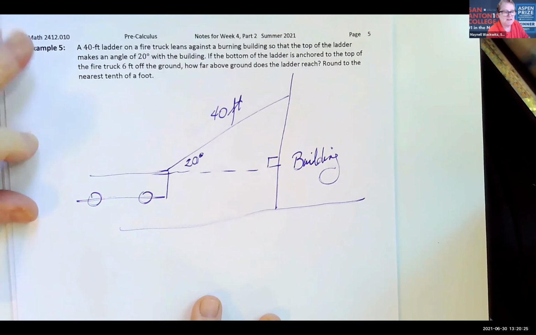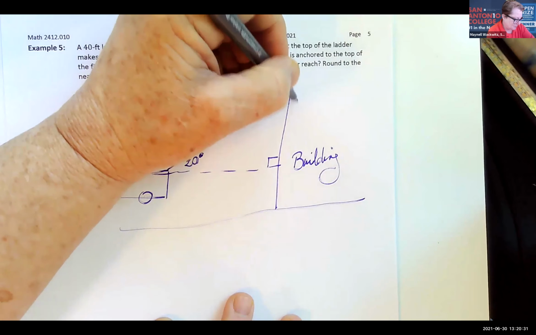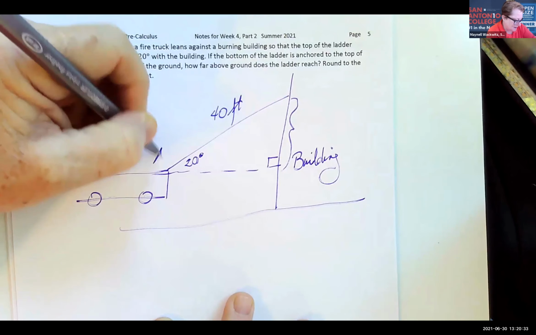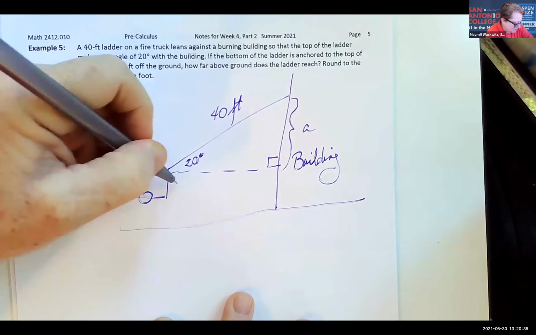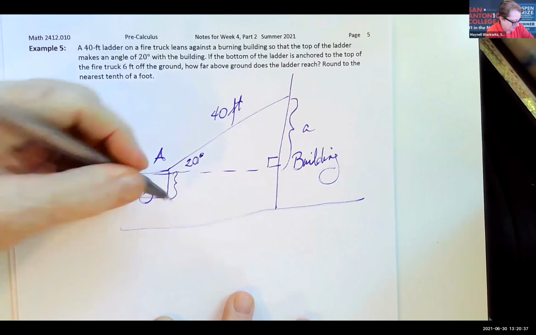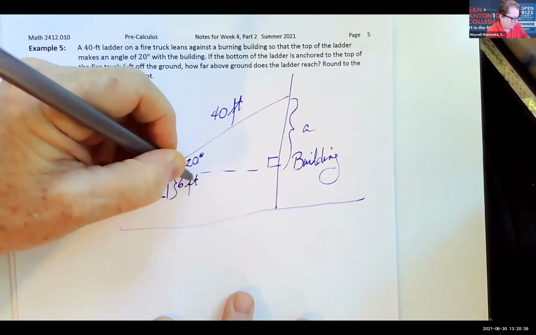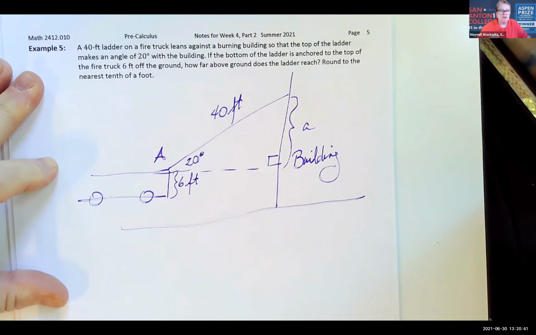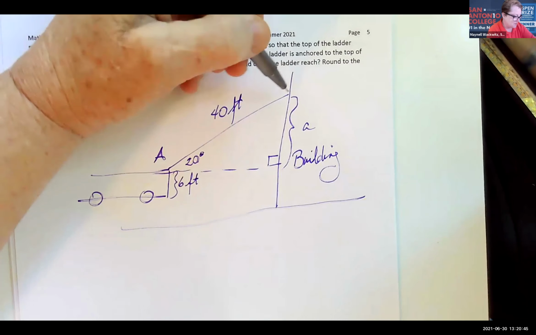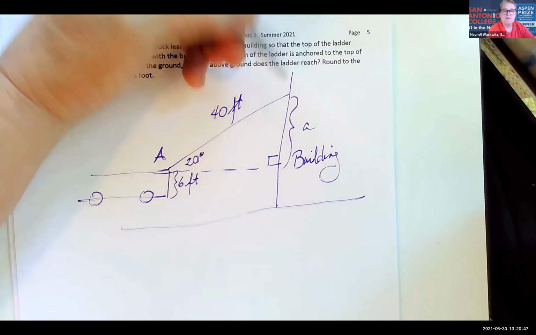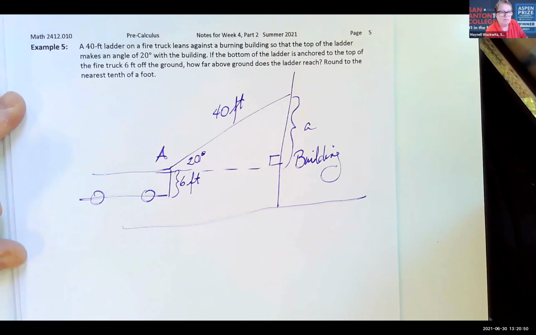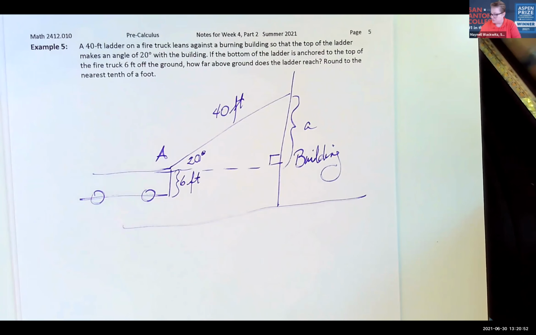And we're trying to see how high, I'm going to call this little a again. And we know that the ladder is 6 feet above the ground. We want to see how high up the ladder is reaching on the building with respect to the ground. I want y'all to do it now that you've got a picture.